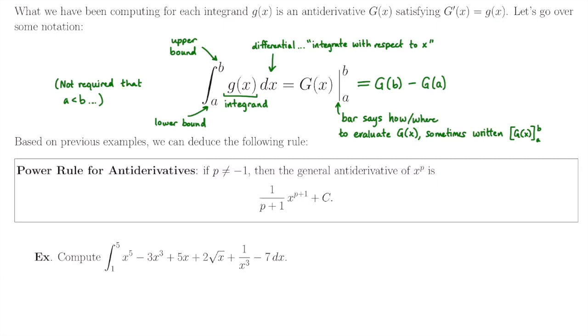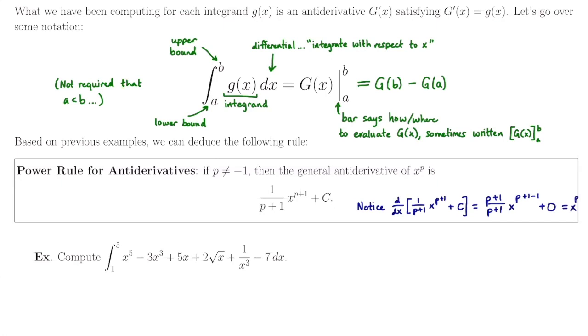Now you want to check that if you take the derivative of that, you get back x to the p. So the derivative of 1 over p plus 1, x to the p plus 1, plus c, according to the regular power rule for differentiation: the p plus 1 comes down, cancels out that denominator, we're left with the power of p plus 1 minus 1, and then plus 0. So that simplifies to just x to the p. That tells us that we have the right antiderivative.